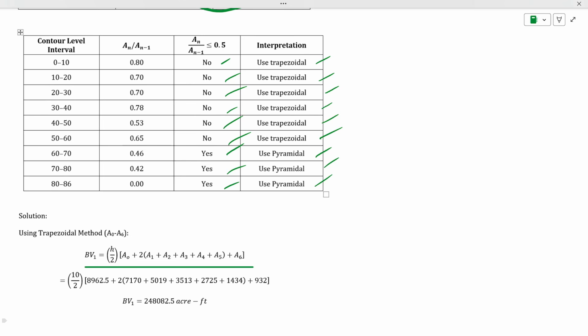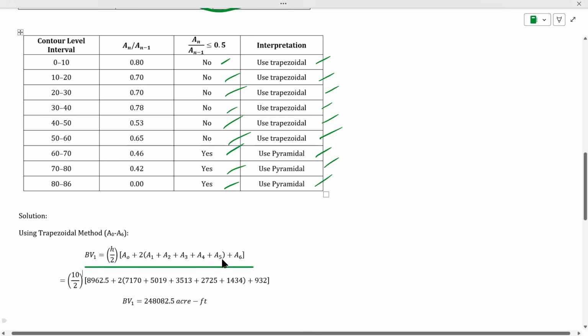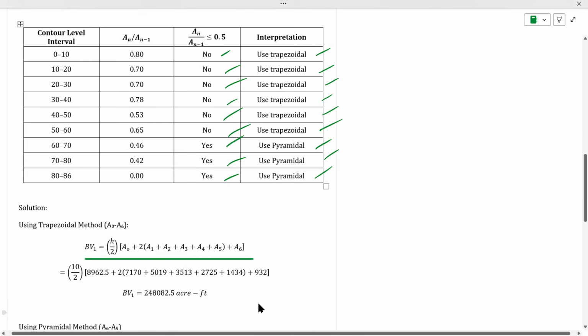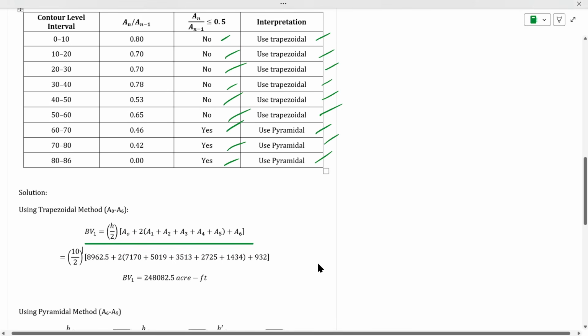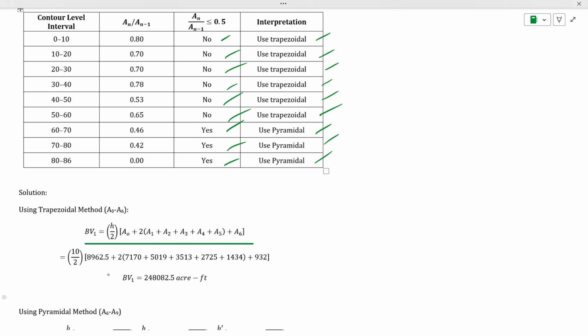It is already modified, but it follows the general formula for the trapezoidal method. Feel free to pause this video if you want to check the answer.